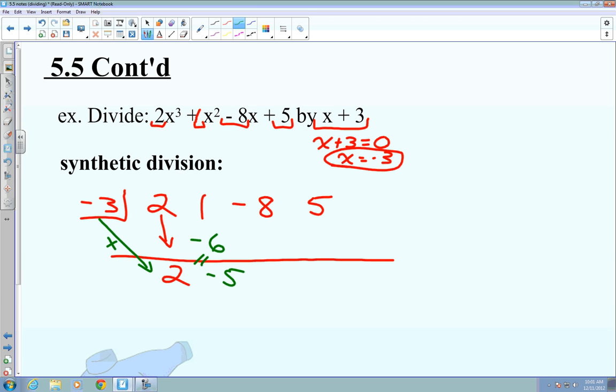Next thing, I always come back to the negative 3. And this time I multiply negative 3 times negative 5, and I get a positive 15. I add again. So negative 8 plus 15 is 7.